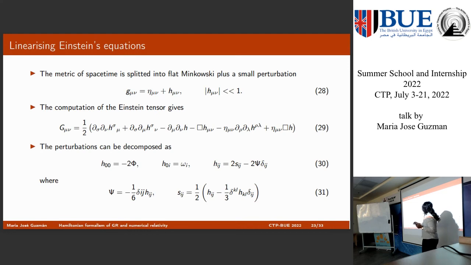You can also perform perturbations around other backgrounds. For instance, cosmology is expressed by an expanding universe through a scale factor. Instead of a Minkowski background, you will have the Friedmann-Robertson-Walker spacetime expanding, which is also a solution of Einstein's equations, and then you will get a theory for cosmological perturbations, which I think you will also see.